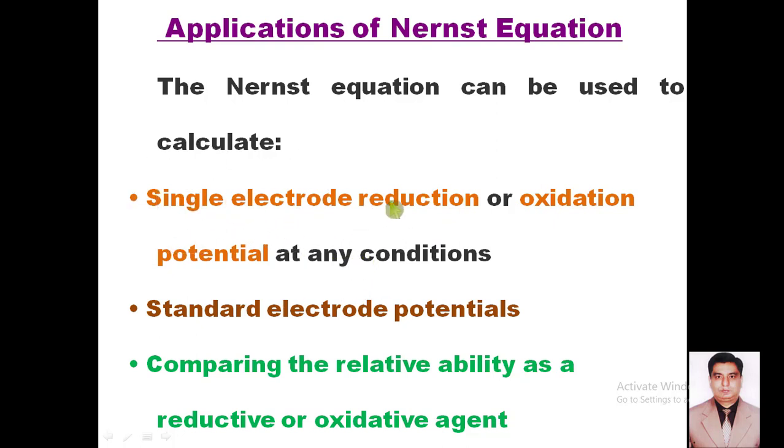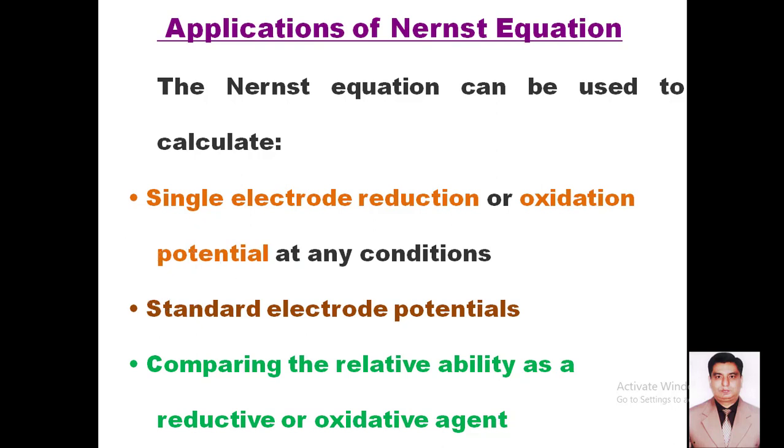Single electrode reduction or oxidation potential at any condition can be found out by using the Nernst equation. So in a simple way, with the help of the Nernst equation, we can find out single electrode reduction or single electrode oxidation potential of any electrode at any condition.